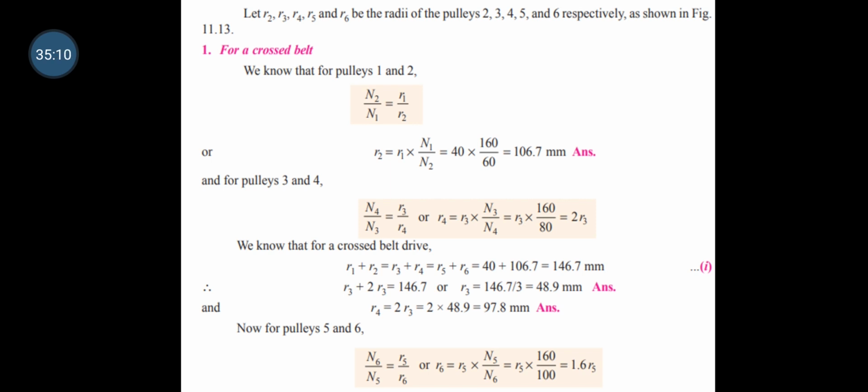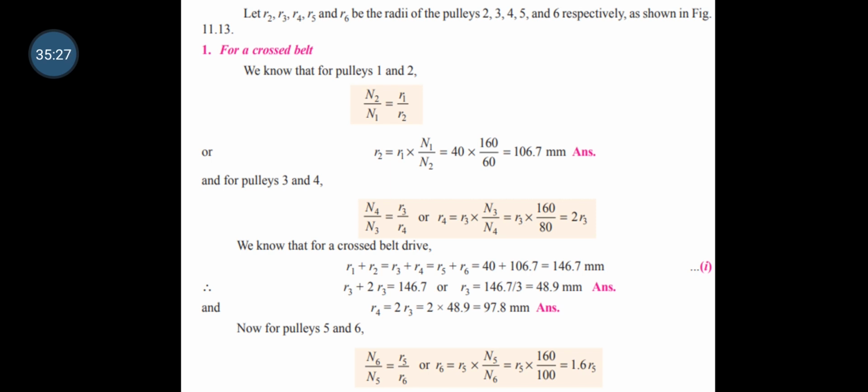So R3 plus 2 R3 is equal to 146.7. In this equation we have to find the R3, that is radius of the third stepped pulley, R3 is 48.9 mm and R4 is equal to 97.8 mm.